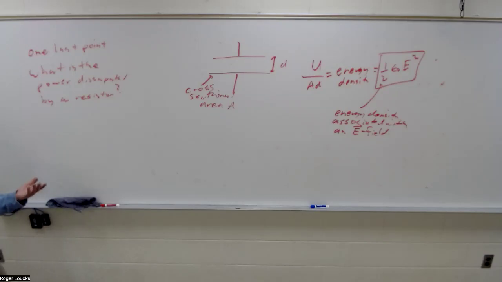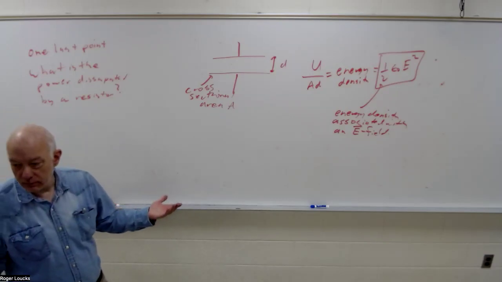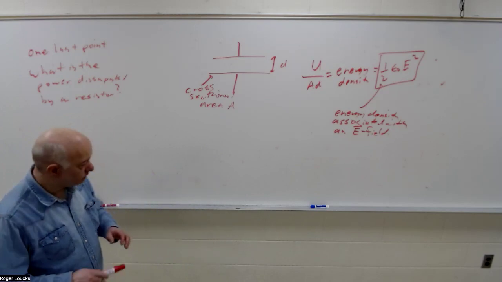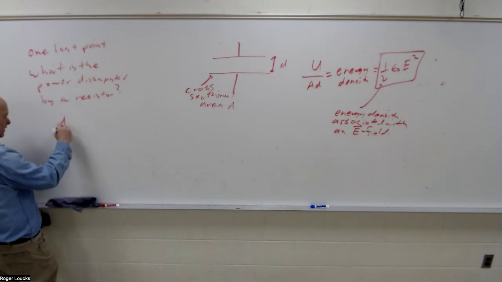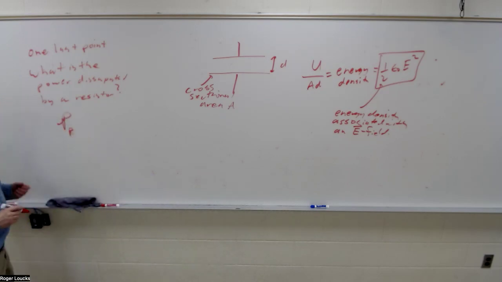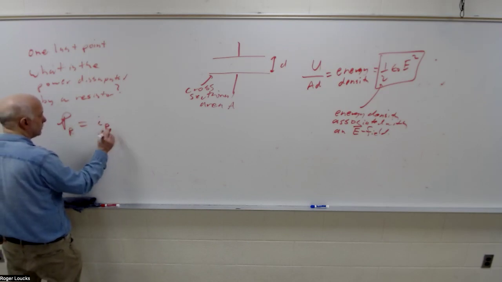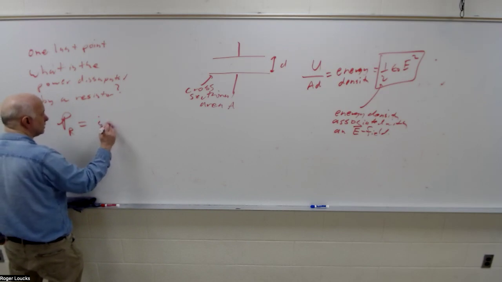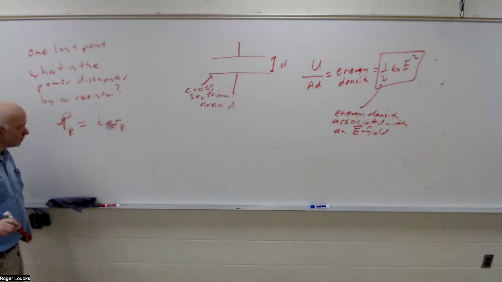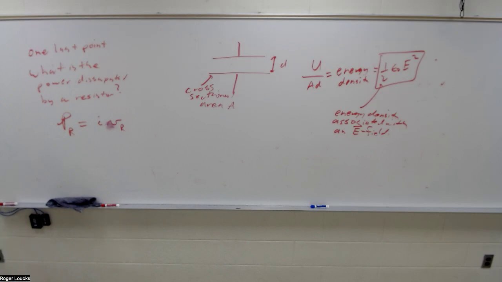Okay, what did we say is the power across any electrical element? P equals IV. So for anything you have, you can say that the power across the resistor is going to be the current going through the resistor, I, times your voltage across the resistor. Hey, what do you know about the voltage across the resistor?